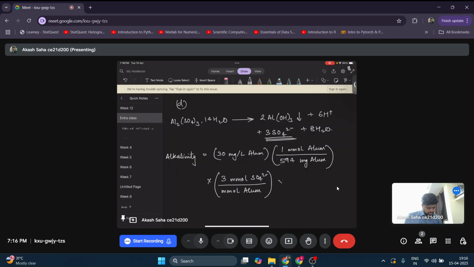Then how many milliequivalents: since sulfate is 2-, there are 2 milliequivalents per millimole of sulfate, because we are converting everything to milligrams per liter as CaCO3. As we have solved many problems before, we want the milliequivalents, so that's why the 2 factor comes into the picture.